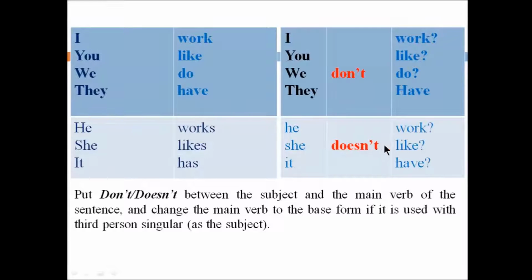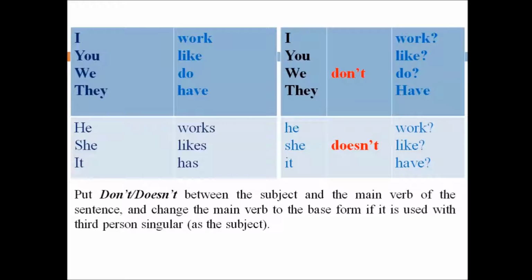When it becomes the negative form, you add doesn't, and you have to erase the s from the main verb. You see that? He works. But when it is the negative one, he doesn't work. There is no s after the word work. The same, no s after likes or has.